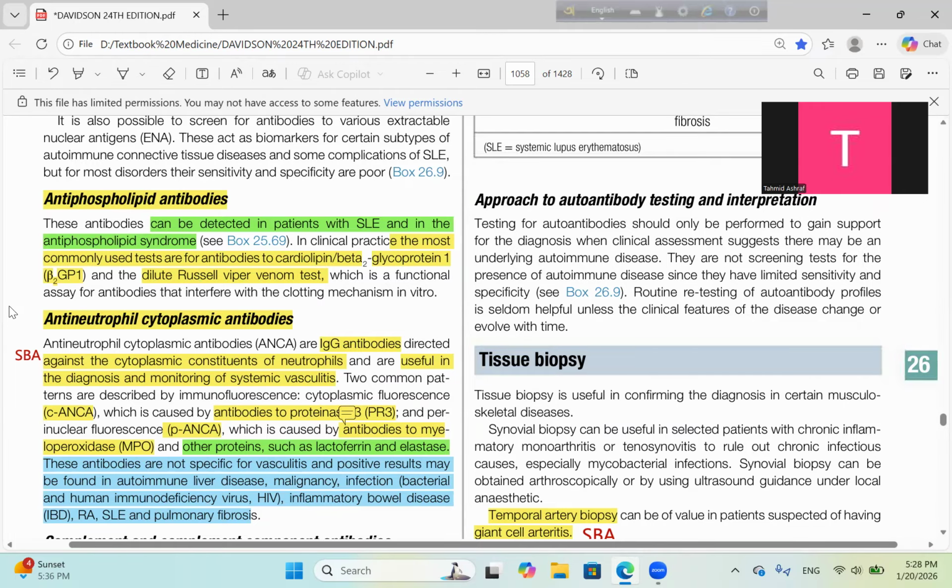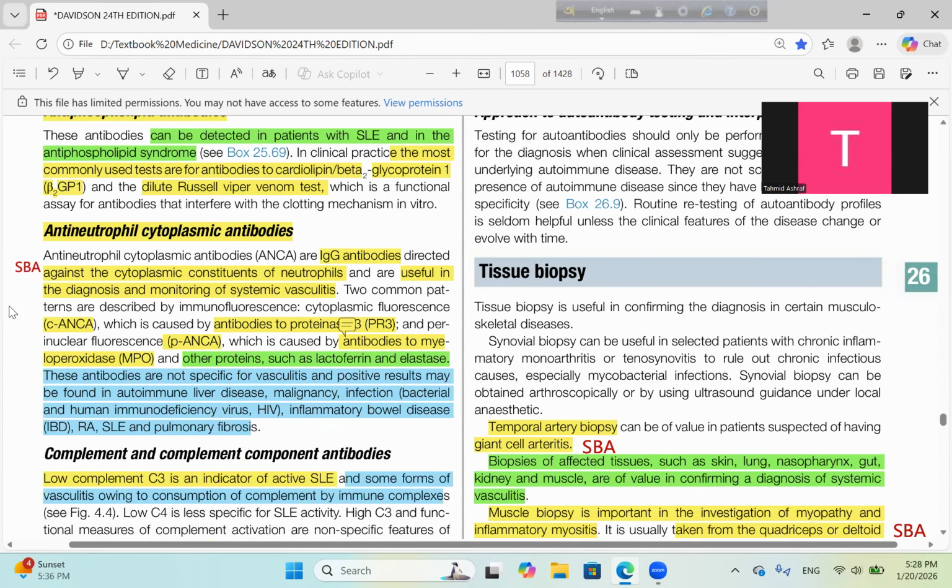Okay. Next, another antibody, anti-neutrophil cytoplasmic antibody, abbreviated as ANCA. These are IgG antibodies directed against the cytoplasmic constituents of neutrophil. Try to memorize this line. ANCA, their name suggests their identity.